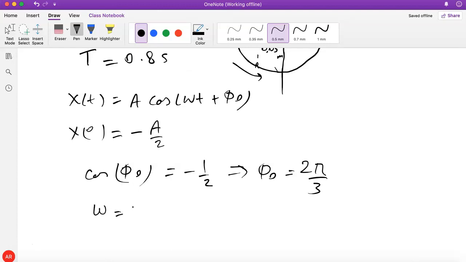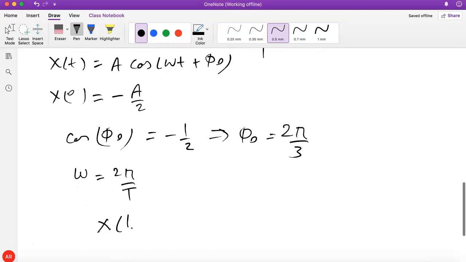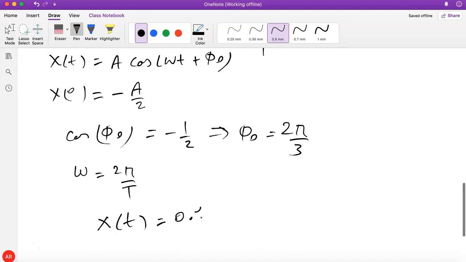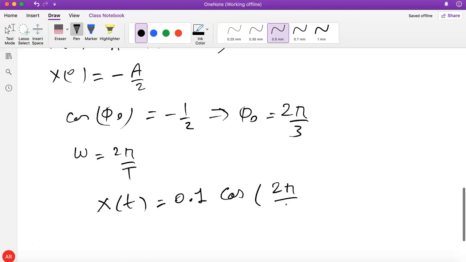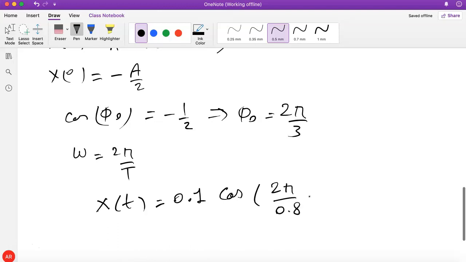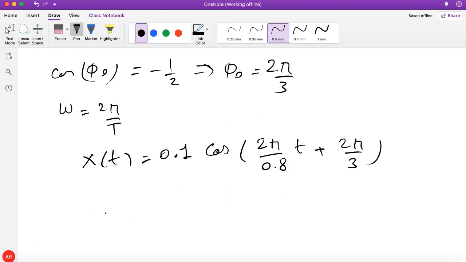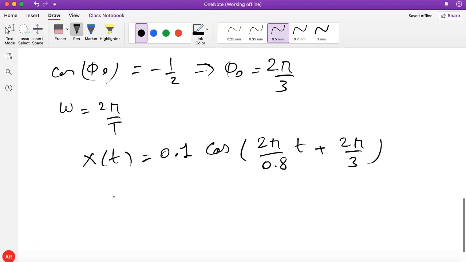And what is omega? Well, it's just 2 pi over T. So we know that. So putting everything together, we can write x of t is 0.1 meter times cosine of 2 pi over 0.8 times t plus 2 pi over 3, right? So, done with that.